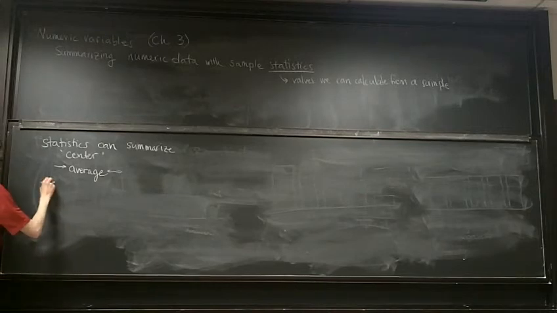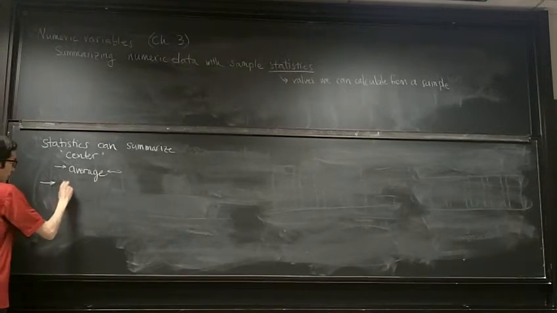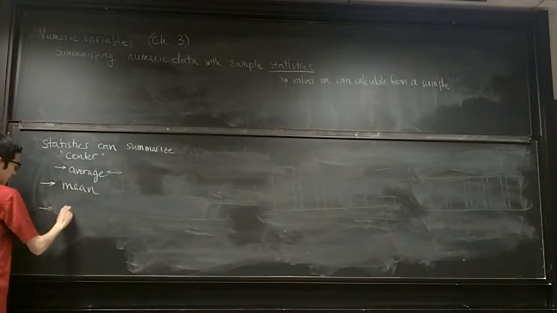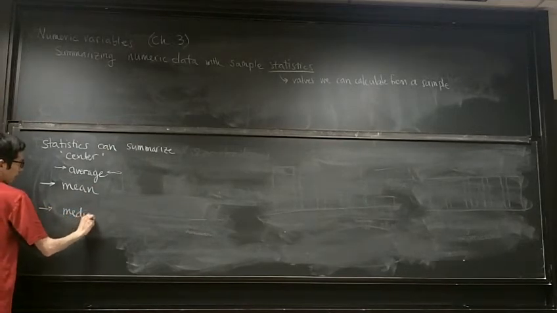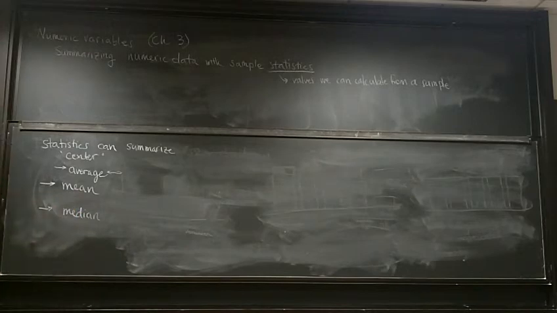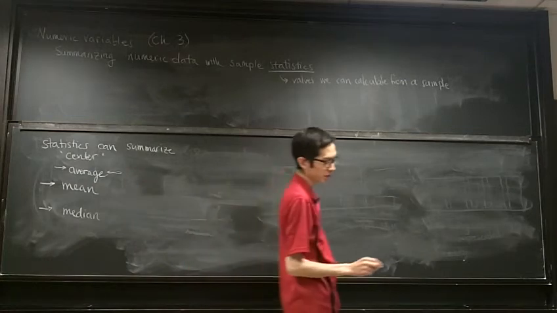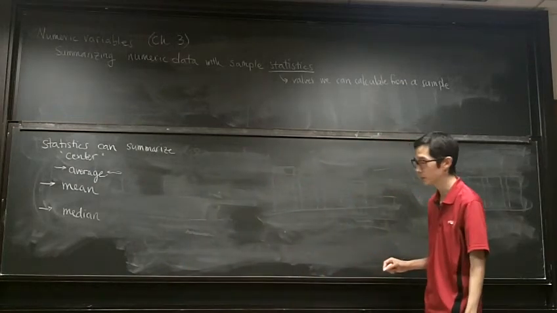And the two values that we're going to learn are the mean and the median. These are ways to summarize the center of a distribution, or center of numeric data.